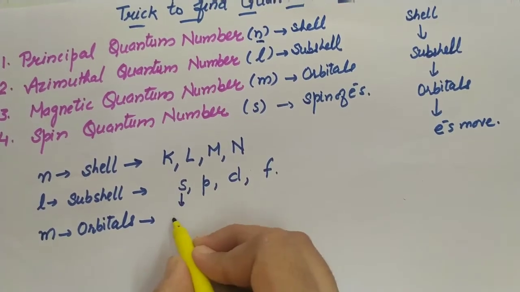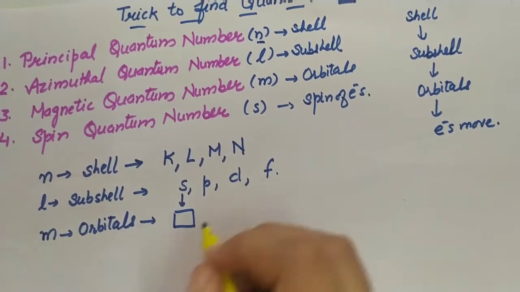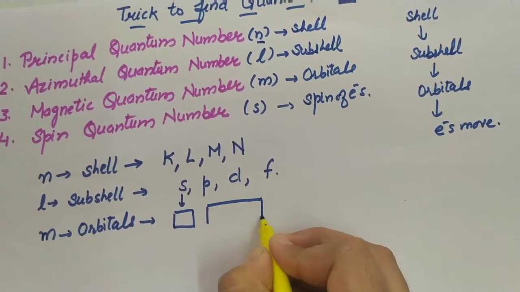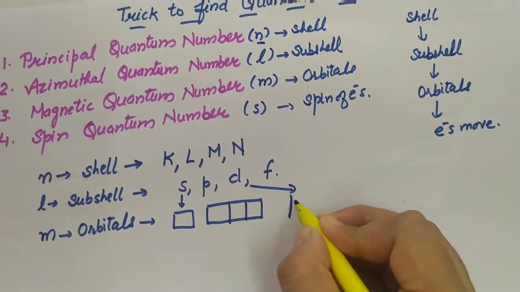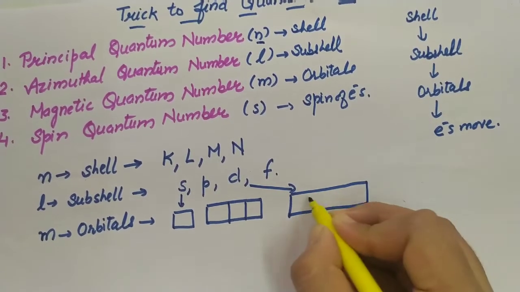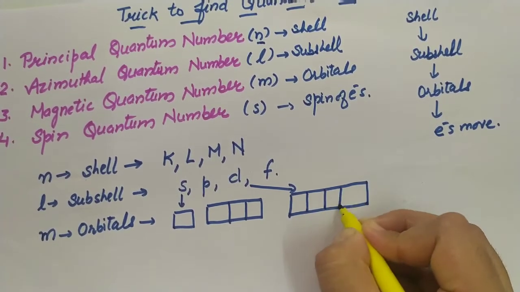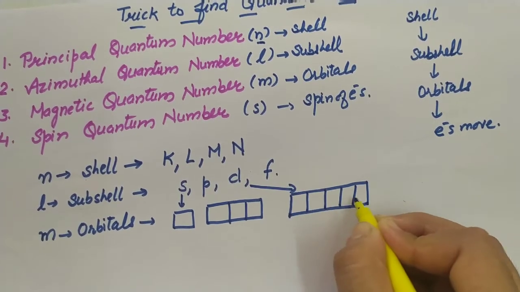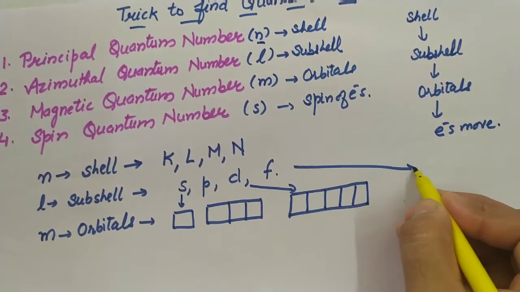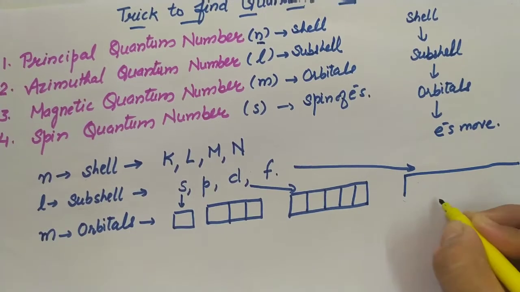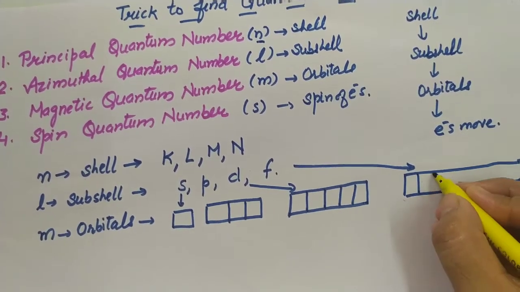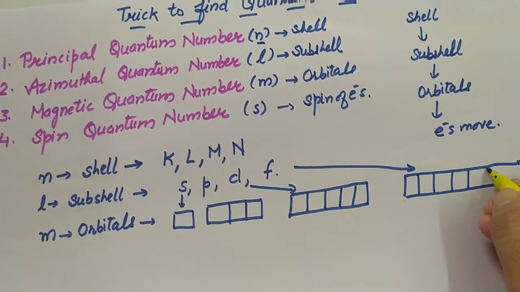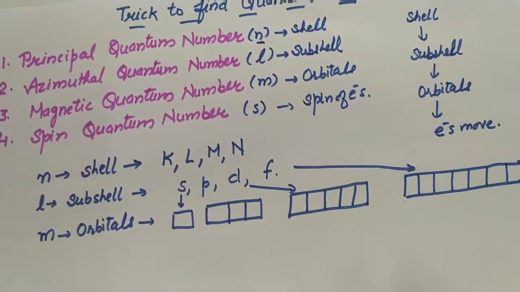In s there is only one orbital. In p there are three orbitals. In d there are five orbitals: 1, 2, 3, 4, 5. And in case of f there are 7 orbitals: 1, 2, 3, 4, 5, 6 and 7.